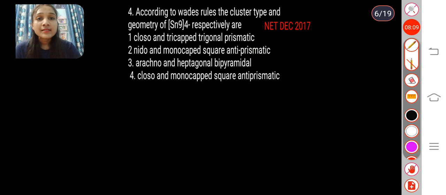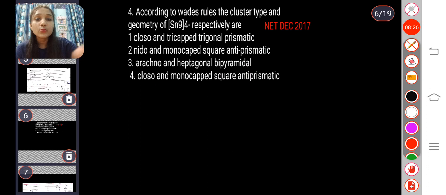Now the next question is: according to Wade's rule, the cluster type and the geometry for Sn9 4 negative, respectively, are. First of all you must know the number of valence electrons in Sn, which is very easy to calculate.